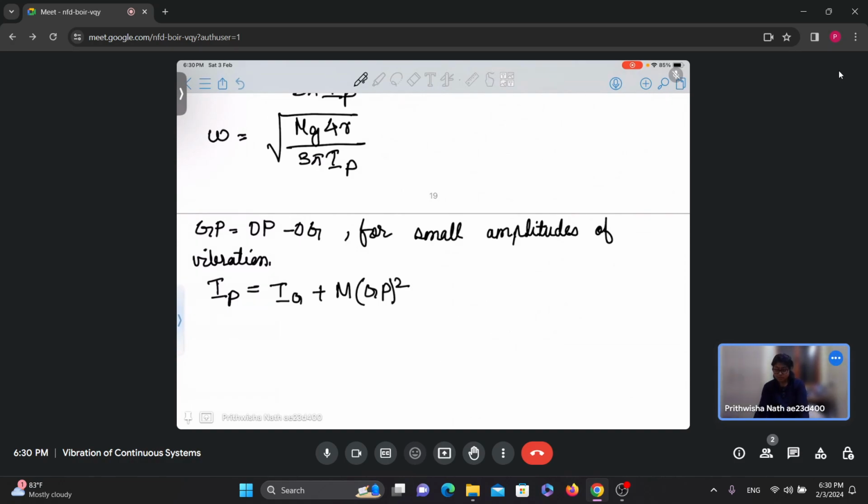Now I write OP minus OG in place of GP. So the equation becomes, now I can substitute OP and OG. So how can I write this?